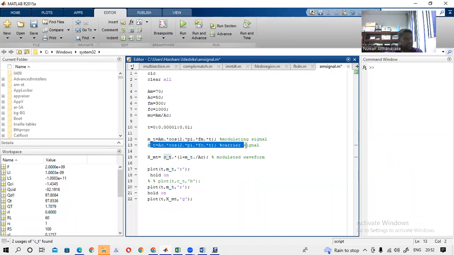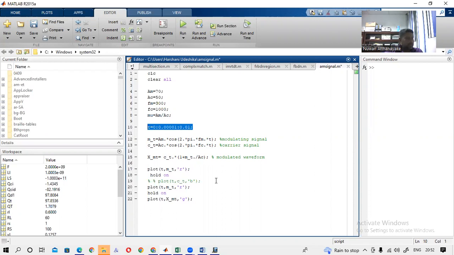I have written them in the same way. So we have a t here, and the others we already know, but we need to define this t. This t is the independent variable, so we define the t like this, and we will get some t values.